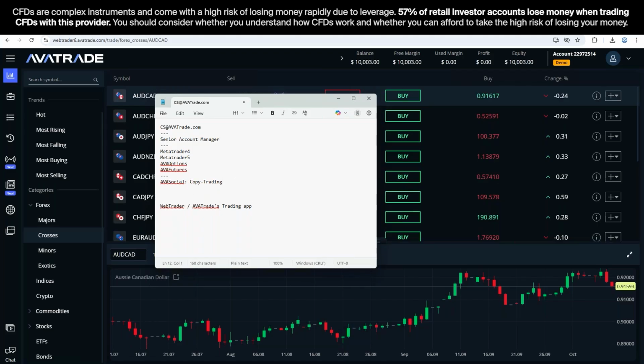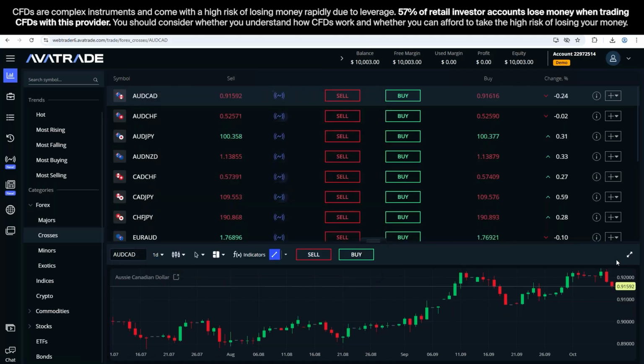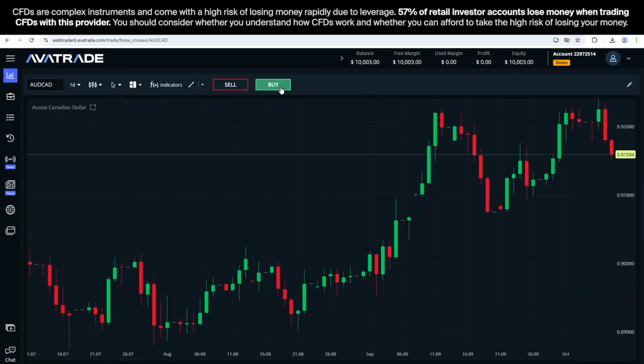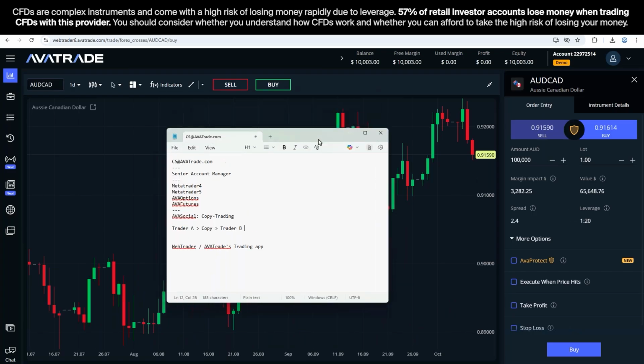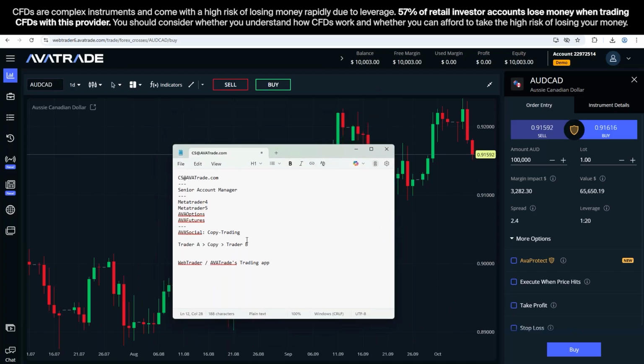Copy trading is, let's suppose that we're trader A and we would like to copy trader B. What will happen in this case? Let's suppose the trader B here is trading Aussie Canadian and he's taking a position with a buy, and he's going for 1 lot as an example. What will happen when I copy trade another trader is I link my account to his account, and whatever position he's going to take, I'm going to take as well.